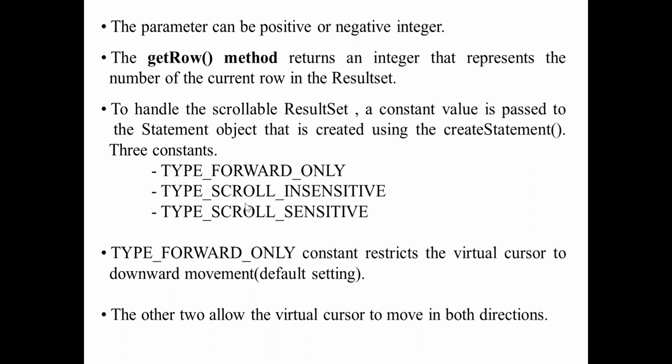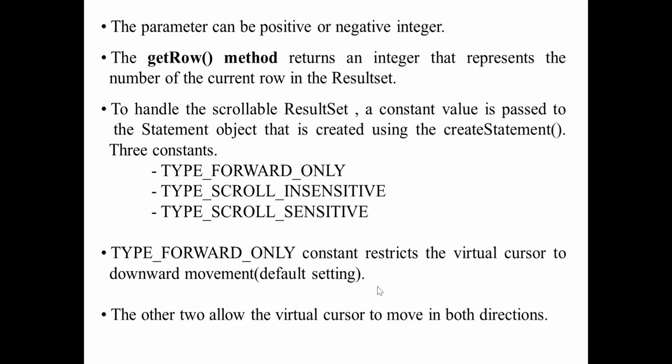The other 2, scroll sensitive and insensitive, allow the cursor to move in both directions, upward or downward. But when you use TYPE_FORWARD_ONLY, the cursor moves in the downward direction only.